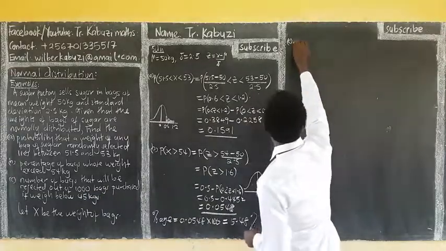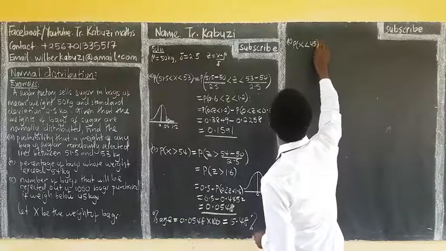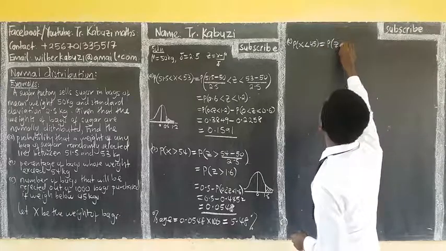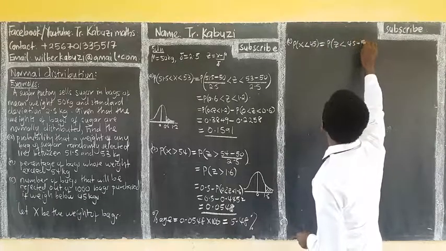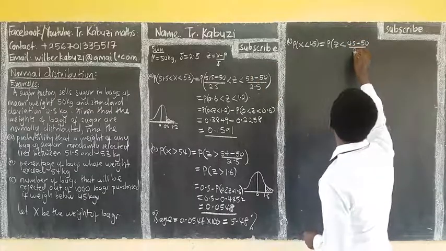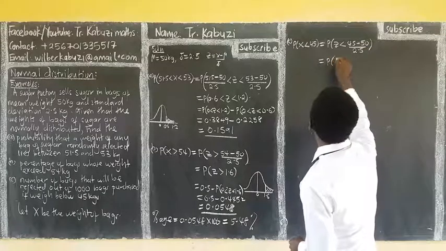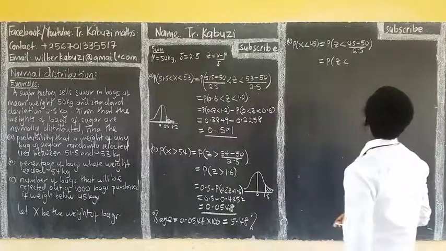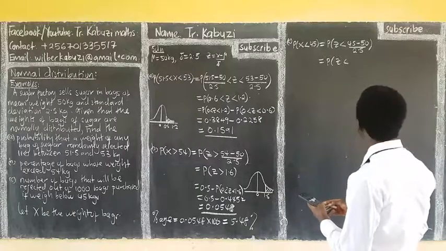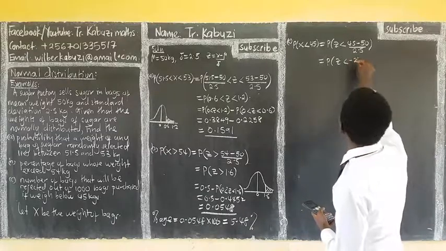So I first get the probability of X below 45. Z equals 45 minus the mean, which is 50, over 2.5. So this will be the probability of Z less than -5 divided by 2.5, which is -2.